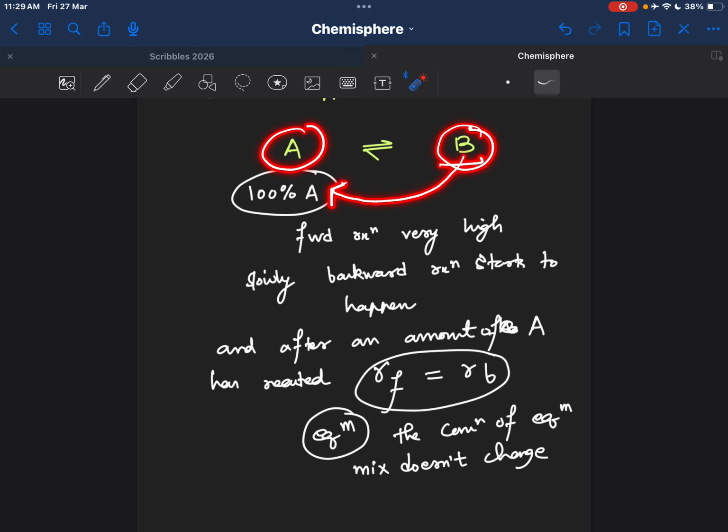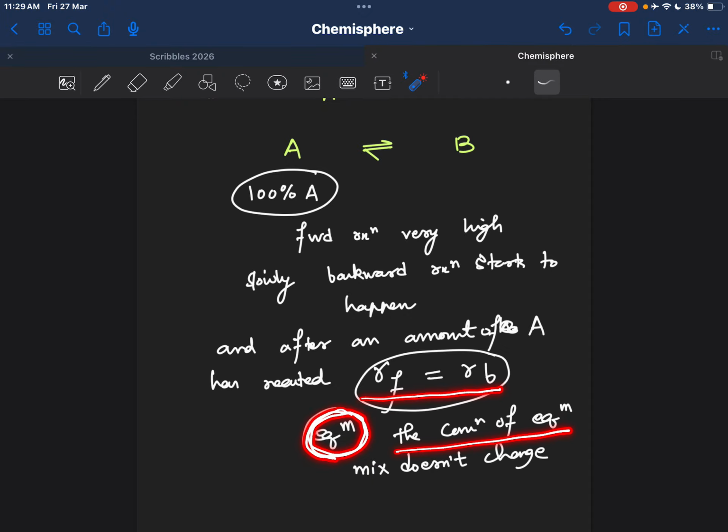Forward as well as backward can happen. Initially the forward reaction is very high, slowly the backward reaction will pick up, and after some time the rate of forward will be equal to the rate of backward. At that point we say that we have reached equilibrium, and after that the concentration of the equilibrium mixture does not change.